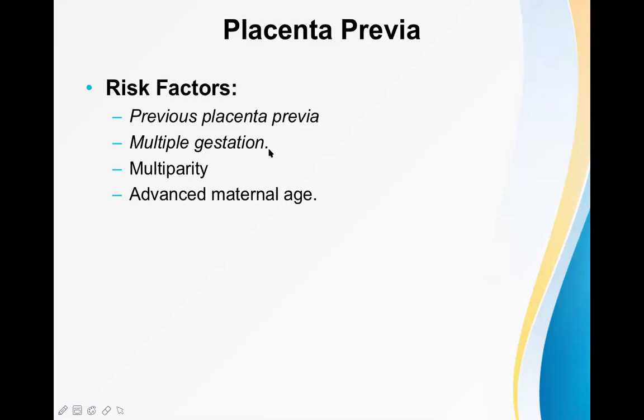Multiple gestation, multiparity, and advanced maternal age. Multiple gestation means twins, triplets, quadruplets, there is more risk. Multiparity, this multiparous lady, like P2, P3, P4, P5, these are multiparous. And advanced maternal age, these are the risk factors for placenta previa.